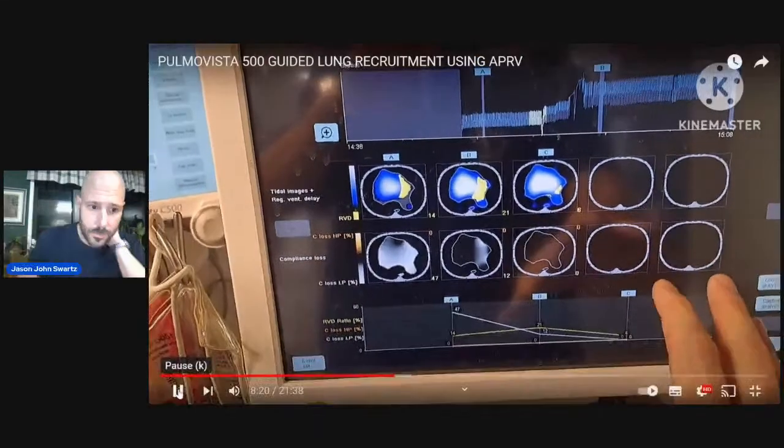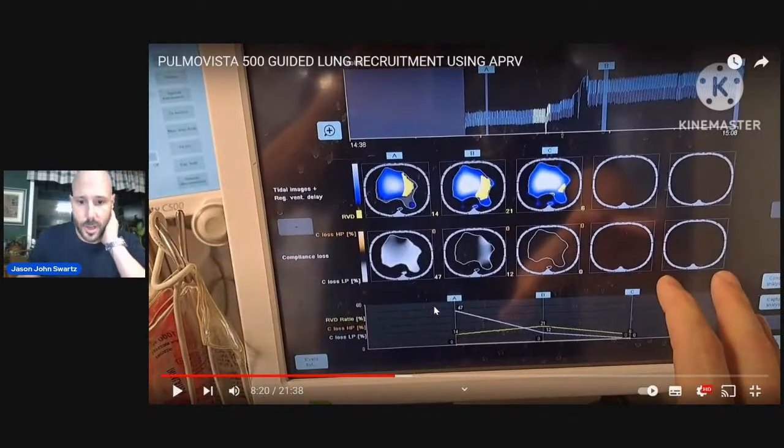And then as time goes by from B to C, we see that things are improving. And all the while that this is happening, those volumes are still 1 liter. So just keep that in mind.